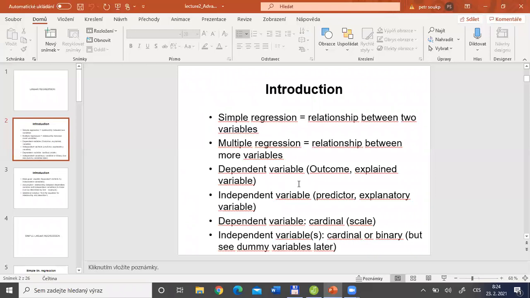But through a set of binary variables, and we will discuss it later, it is also possible to include in regression analysis a variable which was originally nominal or ordinal with more than two categories. We will discuss this approach as the dummy variables approach. So that's only a brief introduction of basic terms and basic assumptions of linear regression analysis.